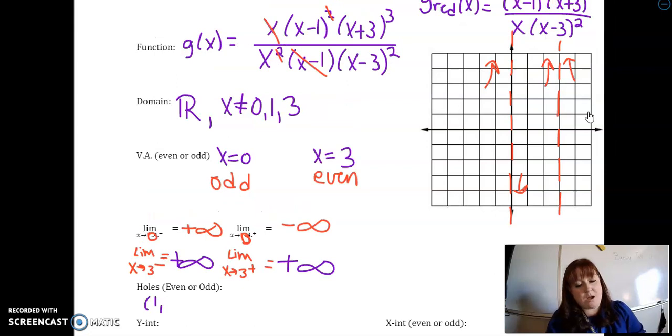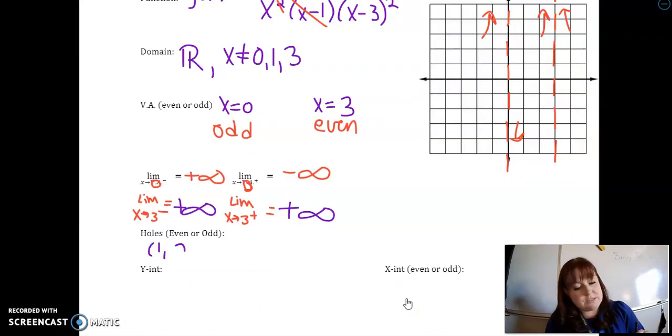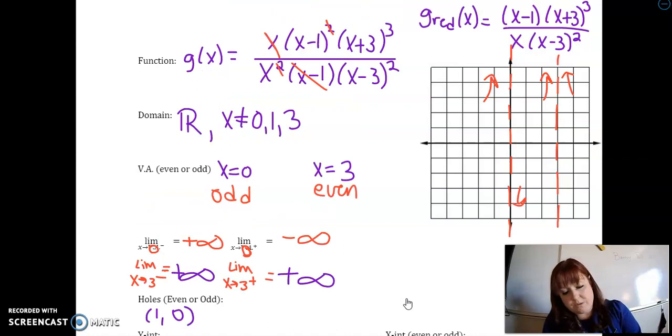Well, we plug 1 back into the reduced function, which is this one right here. So we have 1 minus 1 is 0. And then none of the rest of it matters because 0 divided by anything is 0. So we know we have a hole at 1, comma, 0. So we graph that, 1, comma, 0 is a hole right here.